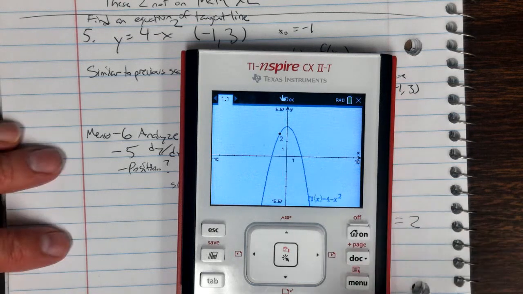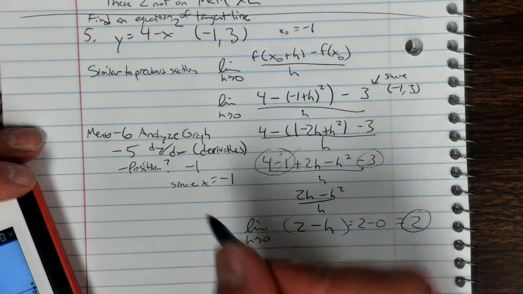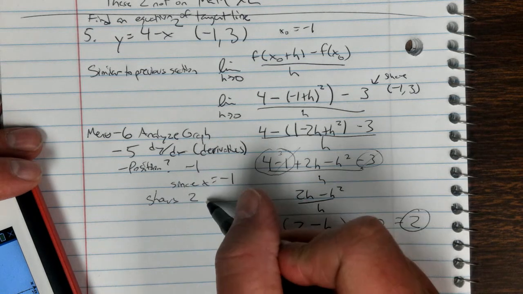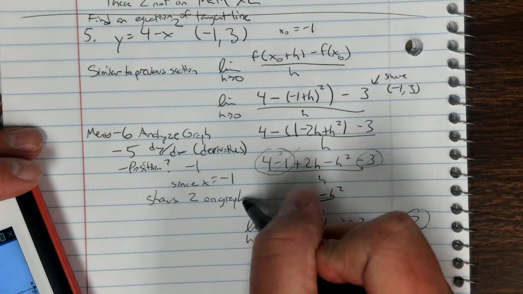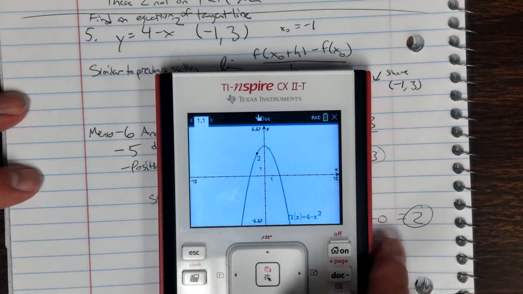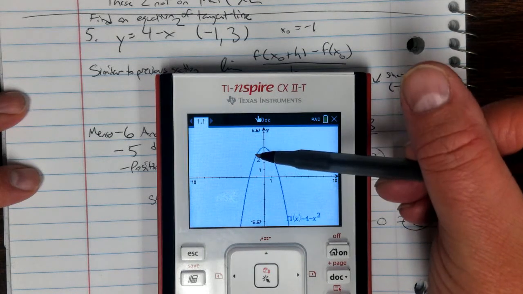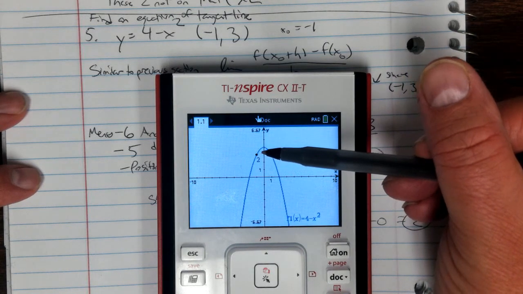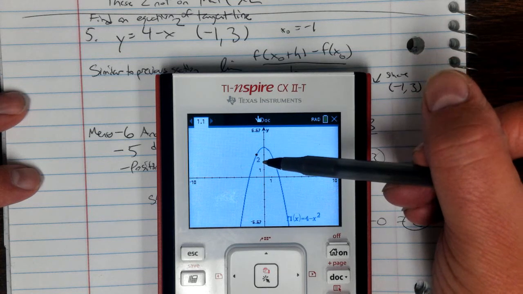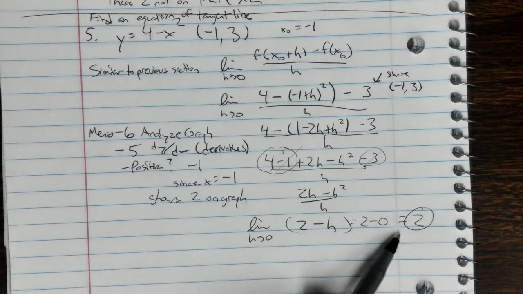And 2 was what we got by doing it by hand. So it shows 2 on the graph. So basically you can visualize it also at -1, 3, because that's the point we're interested in. At that particular point, your answer is 2. So again, you can get it.